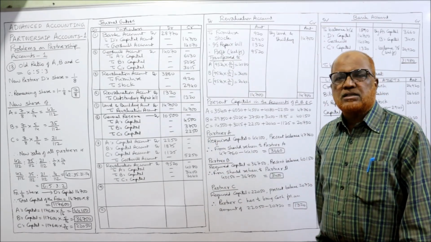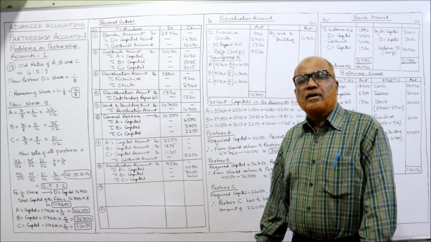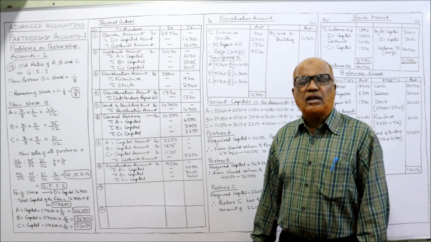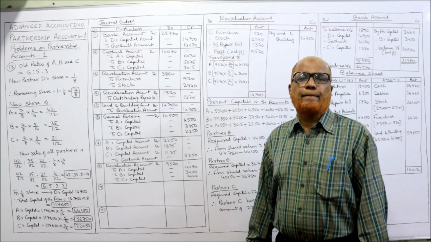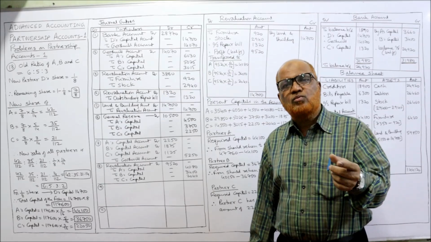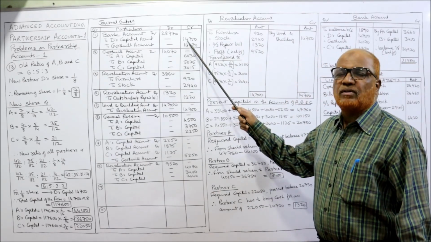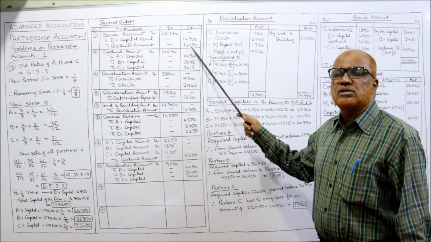Now we'll start the journal entries. The first entry is regarding the cash brought in by the new partner D. He is bringing in cash for capital as well as goodwill. So how much capital? 14,700. How much goodwill? 14,070.